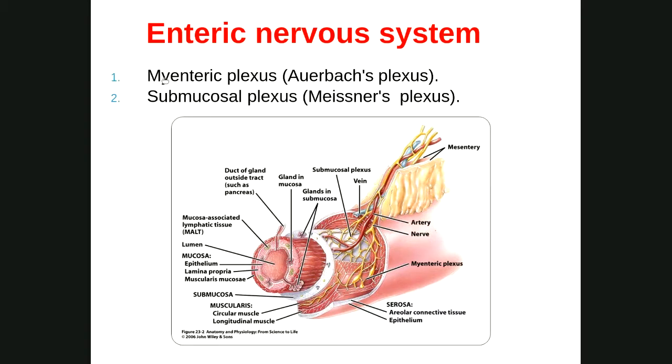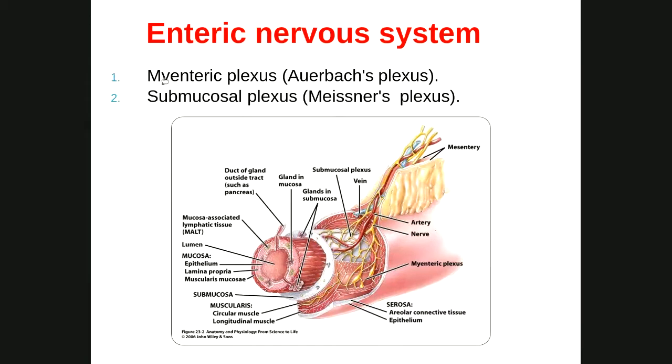Okay, good. So I'm telling you that the enteric nervous system is important to remember. Of these two plexuses, one of them is submucosal, lying between the submucosa and the circular layer of smooth muscle. The submucosal plexus is mainly concerned with secretory function, both endocrine and exocrine secretions within the gastrointestinal tract, while the myenteric plexus is the one which is between the two muscle layers, the inner circular and the outer longitudinal, and it is mainly concerned with the motility of the gastrointestinal system.